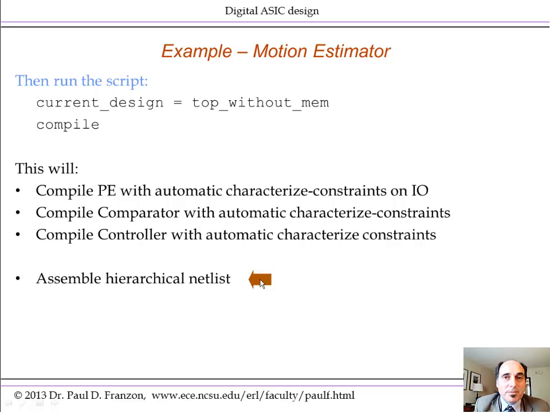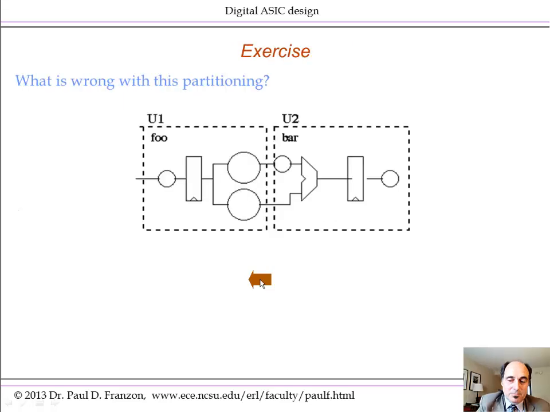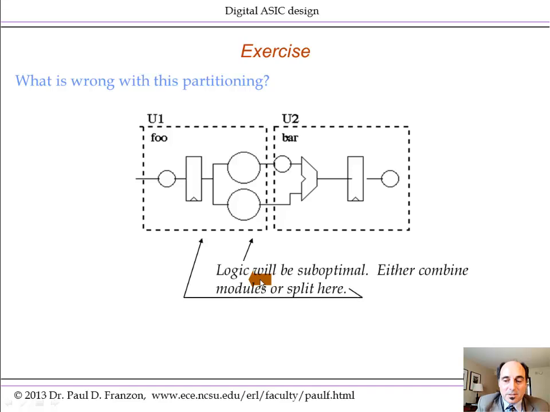Here's an exercise. Let's say this was a critical path between U1 and U2. This is less than desirable. It is not going to be easy to optimize that critical path if you're synthesizing foo and bar at the same time in separate synthesis runs within the same tool run. You have to fix this. You could either combine the modules by rewriting them, or you could do this.